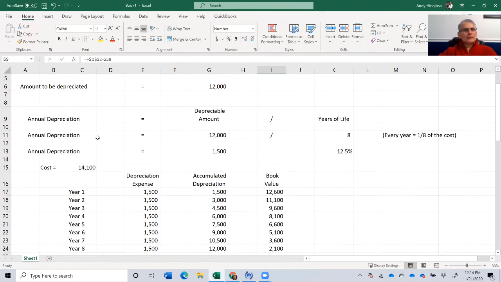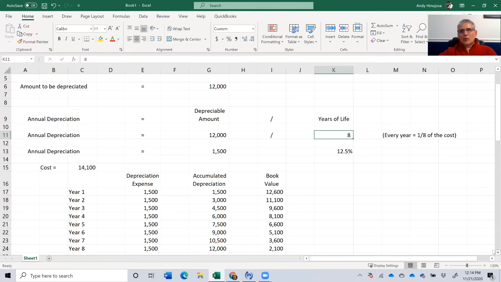When we did the annual depreciation, we said that the depreciable amount is going to be divided by the number of years of useful life. In the previous example, it was 8 years. That means every year, 1/8 of the cost would be depreciated.